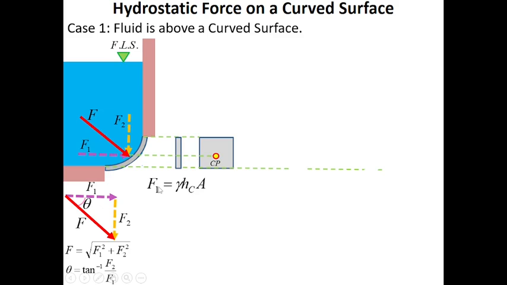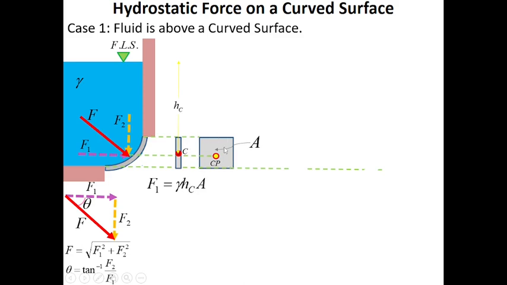We can obtain the force F1 by using the formula, the specific weight of the liquid, then the distance between the free liquid surface up to the centroid of this area. This is the centroid of this area, and from the free liquid surface down to the centroid, that is HC. And this is the area of this vertical projection.